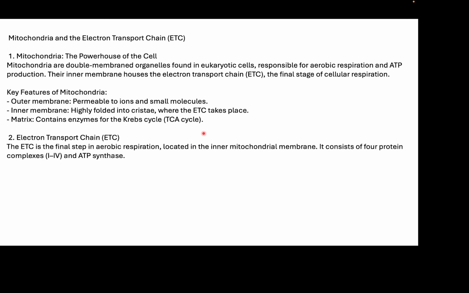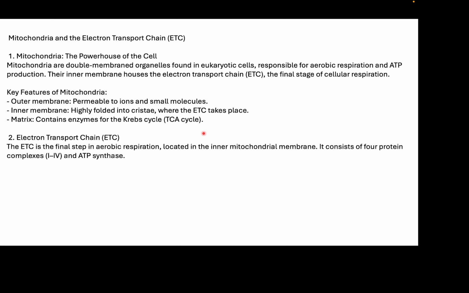In the galvanic cell, the spontaneous chemical reaction was happening, the electrons were generated, and those electrons were transferred due to the potential difference. But in a biological system, what happens? When we discuss this topic with respect to biological systems, we need to know about mitochondria and the electron transport chain.